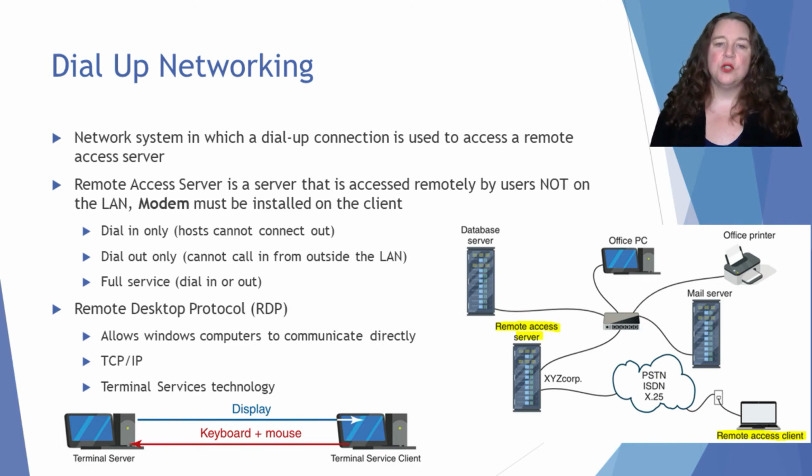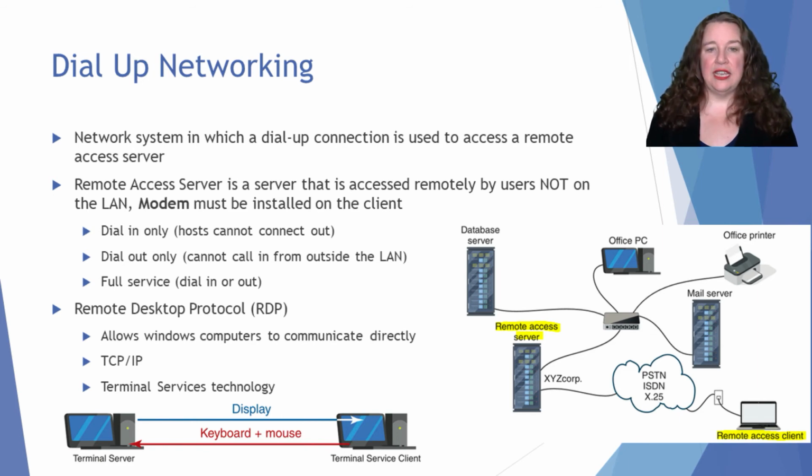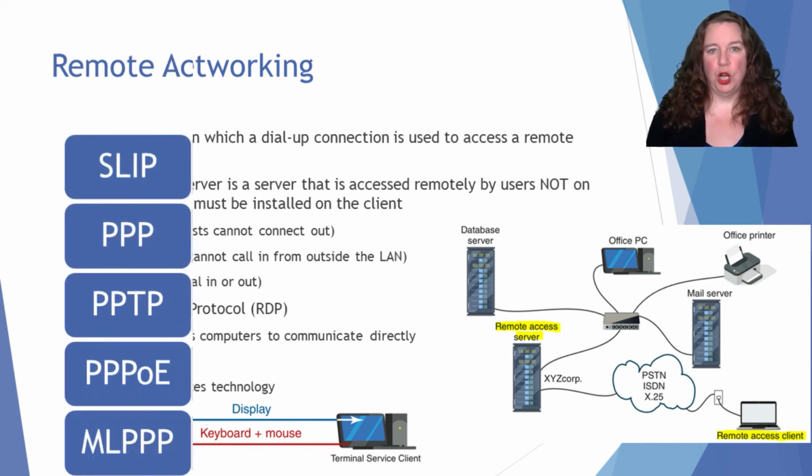The client is going to send keyboard and mouse commands across, and the display from the server is going to come back to the client. So you send some information, it responds. You send some more information and it responds. What you are sending is keyboard and mouse strokes, and the display is coming back to tell you what it's looking at. This is your basic RDP, your Remote Desktop Protocol.